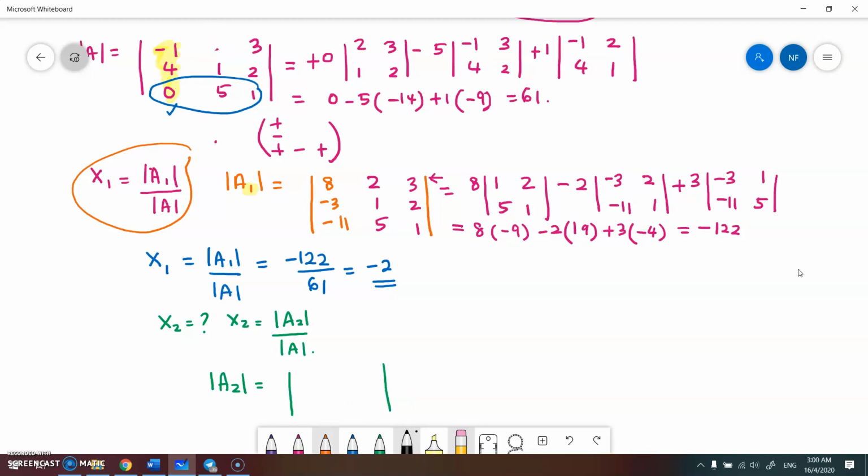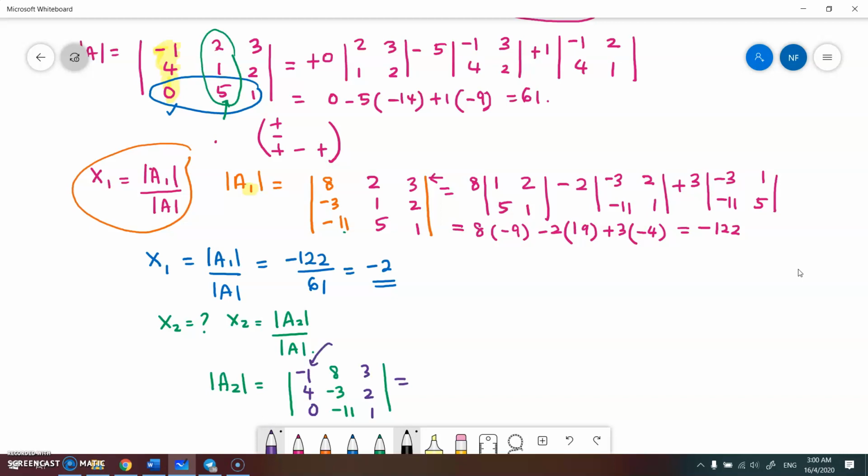Sorry, just now it is 2, right? I have to check the second column and replace it with the values of B, which just now is 8, negative 3, negative 11. So I replace the second column, and the first and third columns remain the same. Okay, I have to find this.